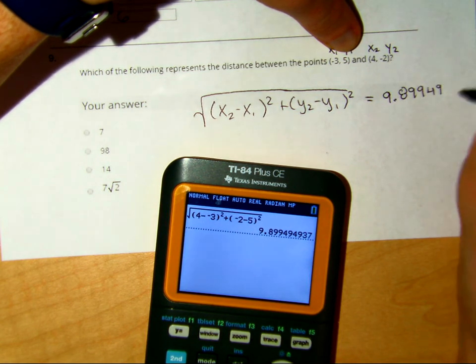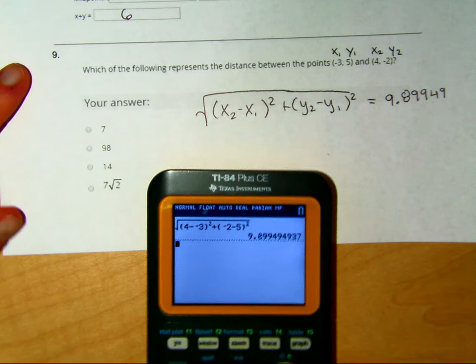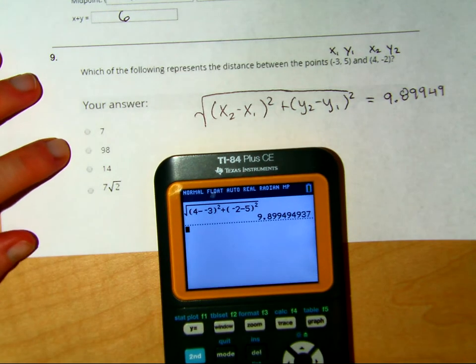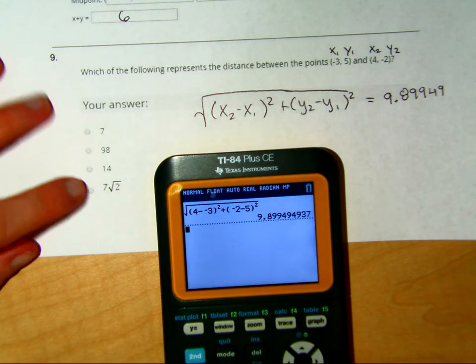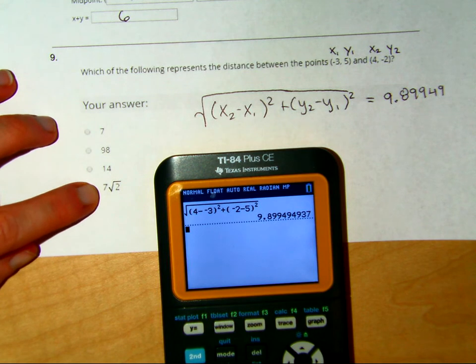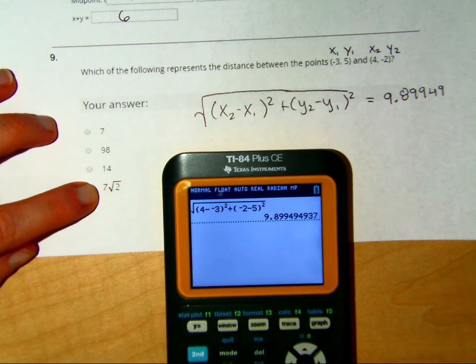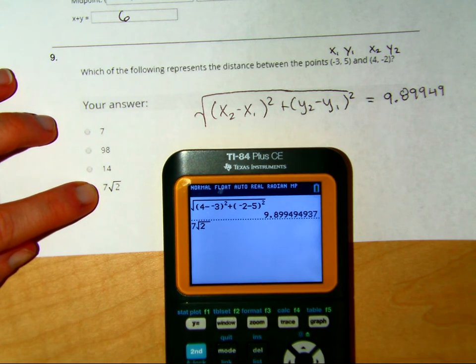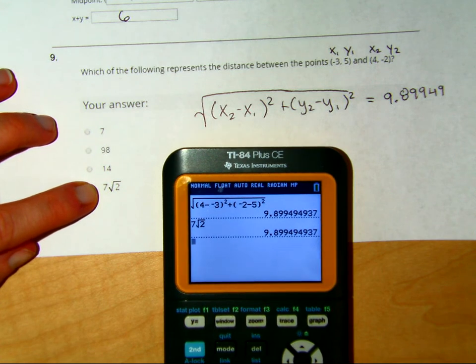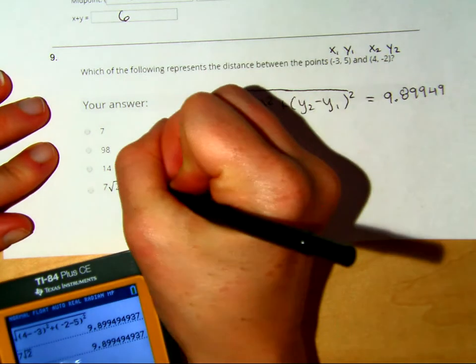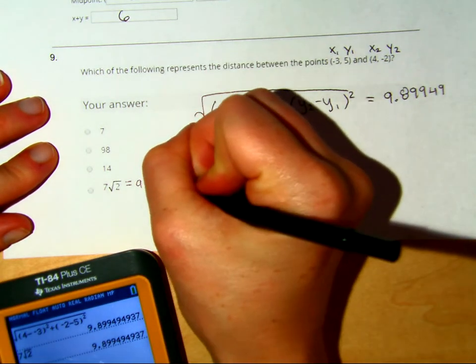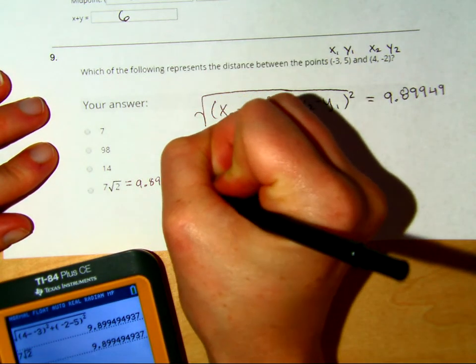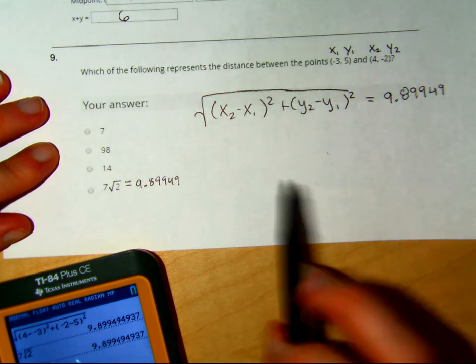So I look over at my answers and I say, uh-oh, it's not showing. But I do know that this could be something different, this 7 square root of 2 as a decimal. So let me just go ahead and put 7 square root of 2 in my calculator. And, woohoo, I find that it equals 9.89949. And so that is my right answer.